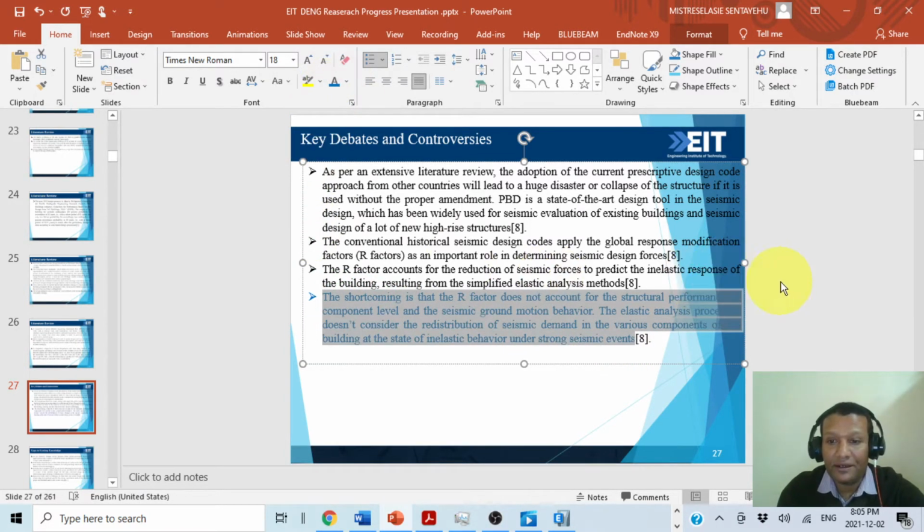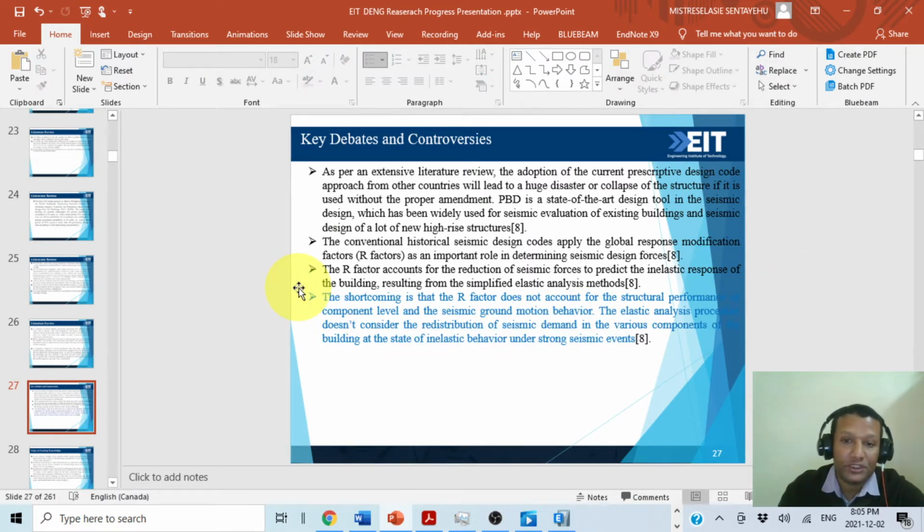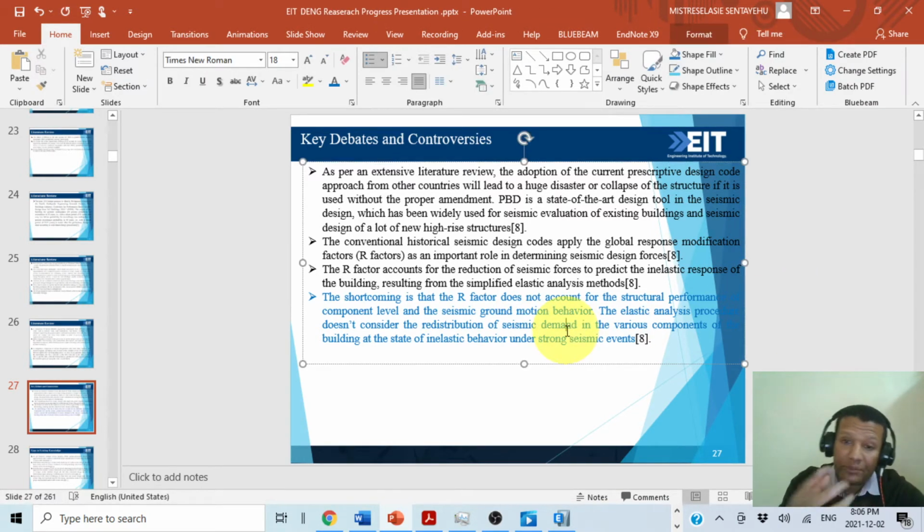This is very important, because in our research questions, there was one question. It says why we are performing dynamic analysis while we have to increase the base shear we found from time history analysis, or dynamic analysis, to 80-90% of the base shear found from ELF analysis.